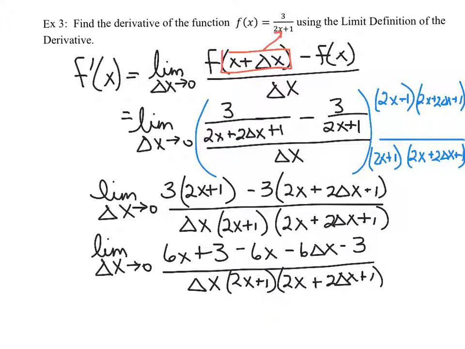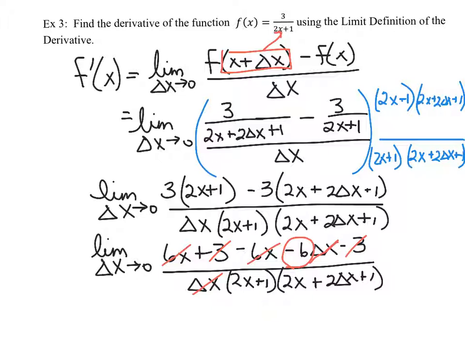So I can see that I've got like terms in the numerator, so the 6x will cancel with the 6x, 3 will cancel with the negative 3, leaving me with just a negative 6 delta x in the numerator. Well, that factor of delta x right here in the numerator can then cancel with delta x in the denominator. Don't forget to keep the negative 6 though, because that's a multiplication there.